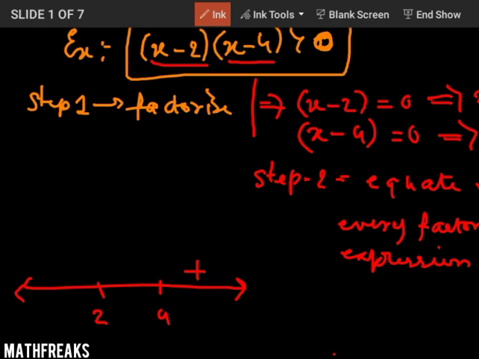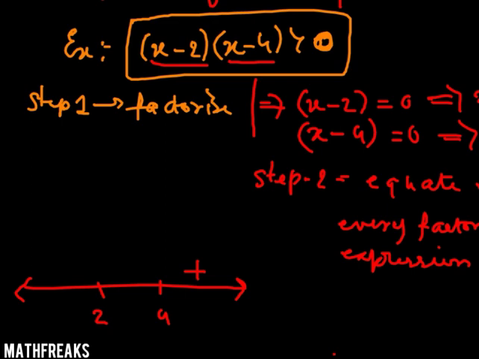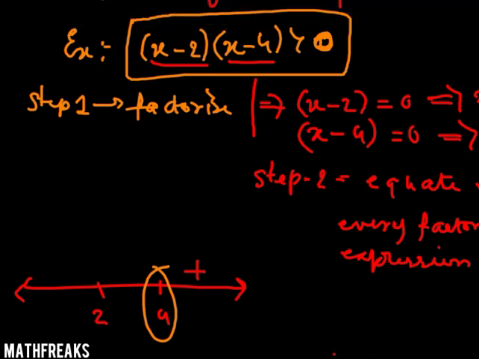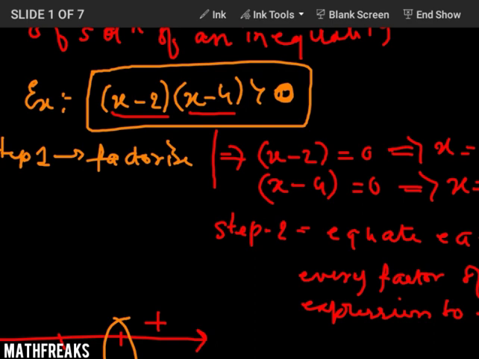For this we have a rule. From which factor have we got this critical point 4? We have got it from this factor x minus 4. Now look at the power of this factor.